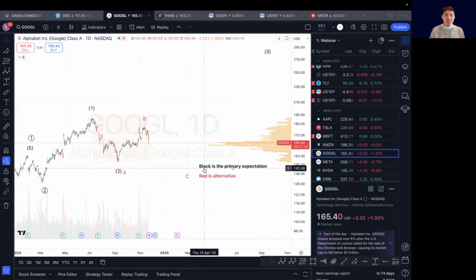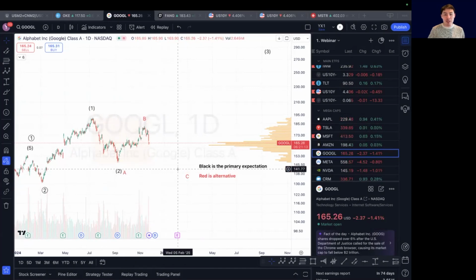Google in the near term looks a little bit like Microsoft in the sense that we had 3 waves up, but not quite enough to take out the previous high to confirm that we're in an uptrend. Technically speaking, 3 waves up is not sufficient for a motive wave, and usually it's a counter-wave move.